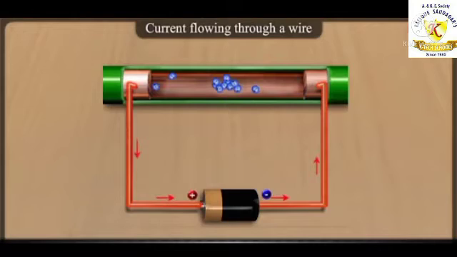This motion of electrons is irregular, but there is a definite non-zero value of their average velocity. Due to the flow of these electrons, current starts to flow through the wire.